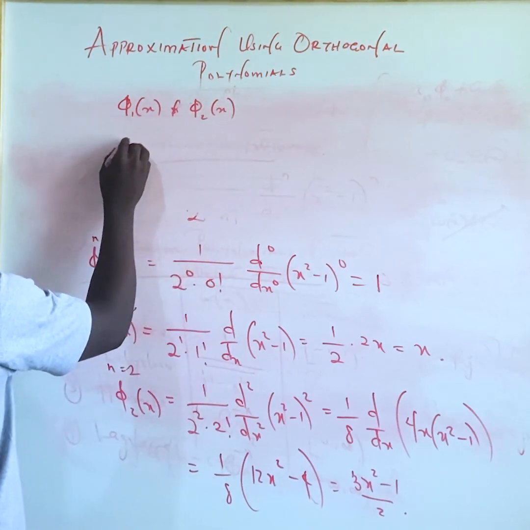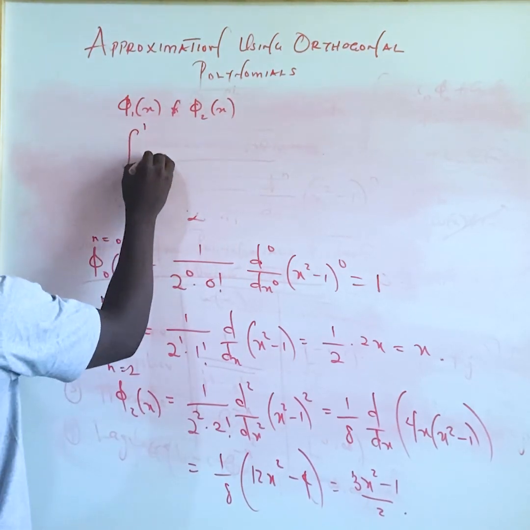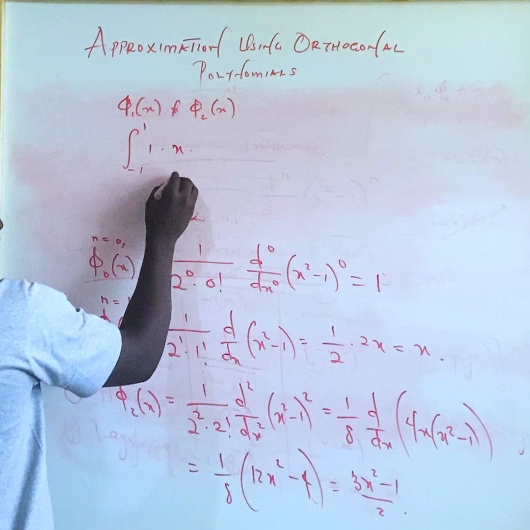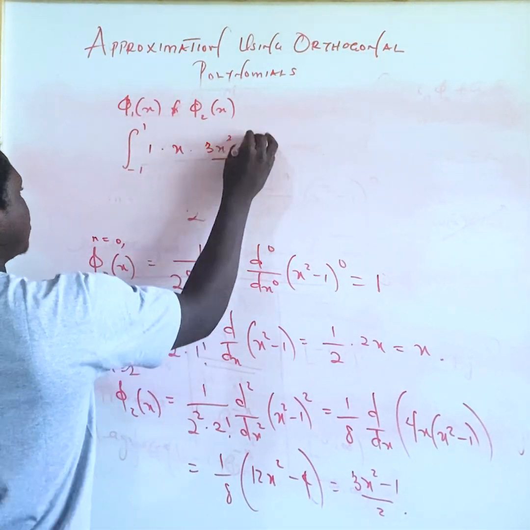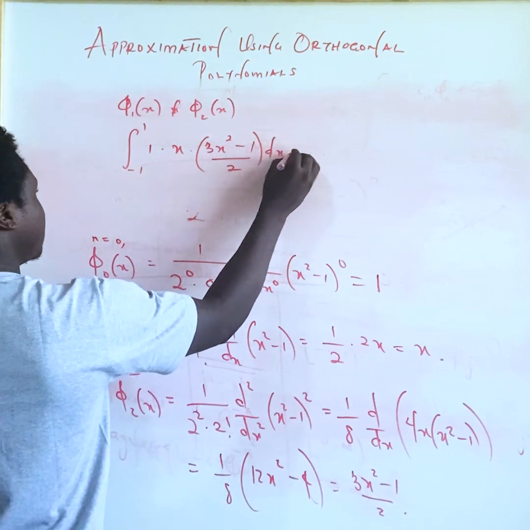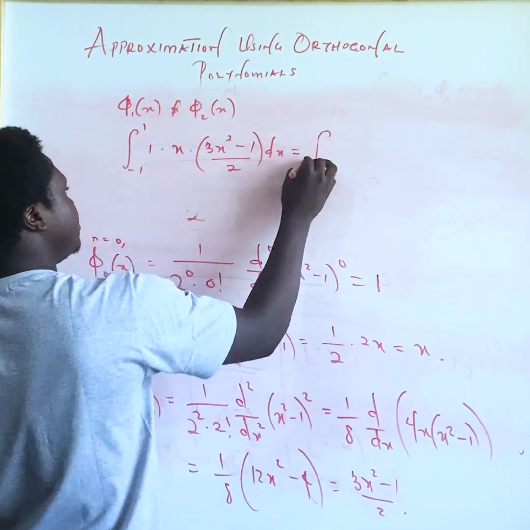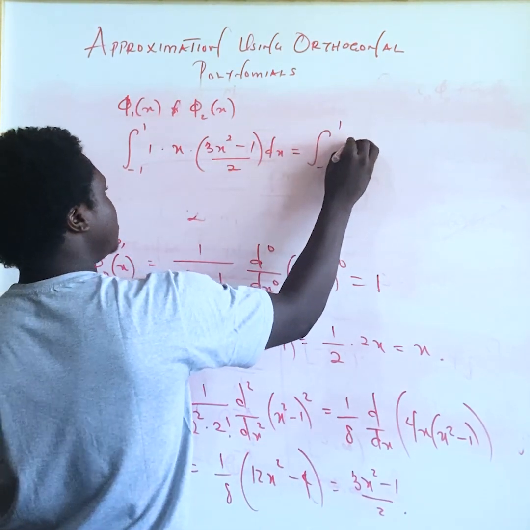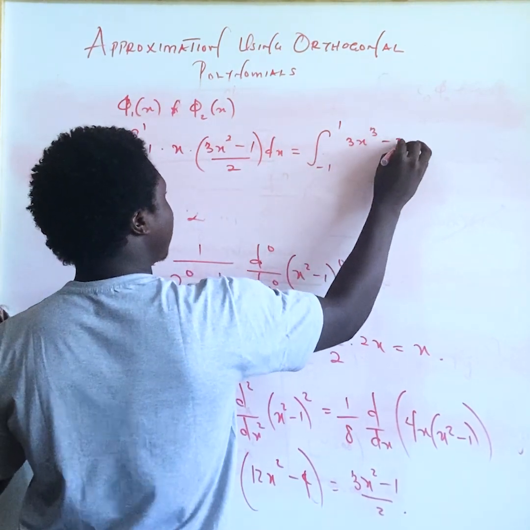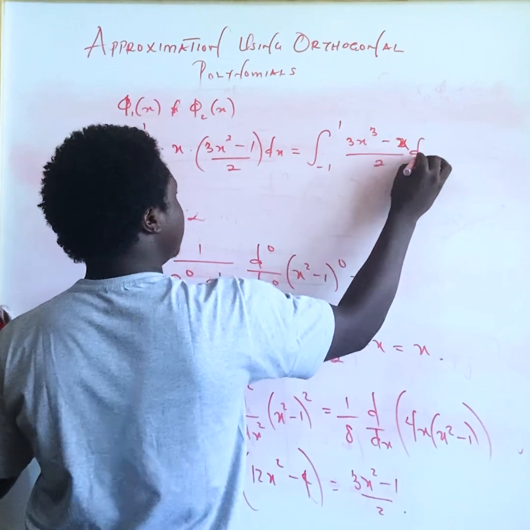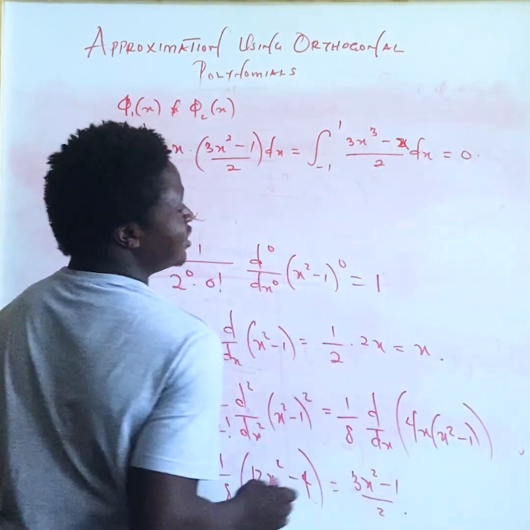All right, so we'll have the integral from minus 1 to 1 of x times 3x squared minus 1 over 2 dx, which will give us the integral from minus 1 to 1 of 3x cubed minus x over 2 dx, which will give me 0. Why is it giving me 0?